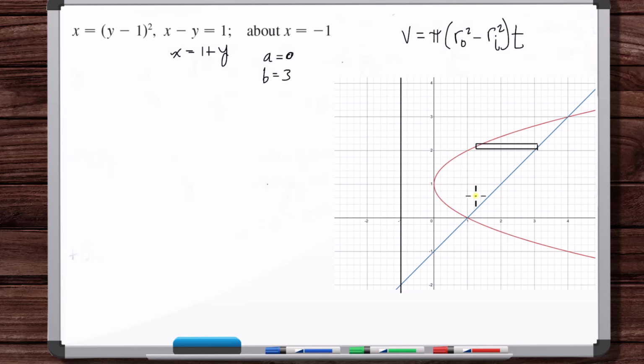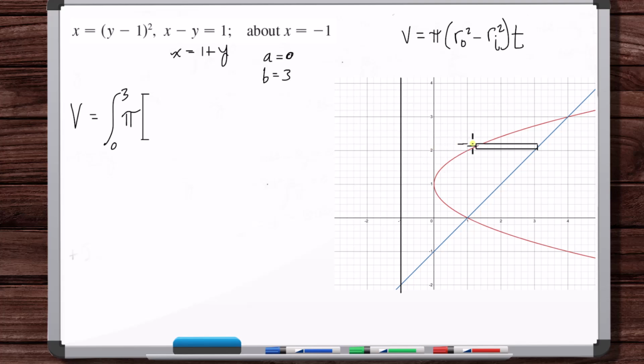Okay, so the thickness is going to be delta y. We can go ahead and set up the integral. So we're going from 0 to 3, pi, okay, what is r outer? We're walking along from y is equal to 0 to y is equal to 3, so we're at these y values as we walk.